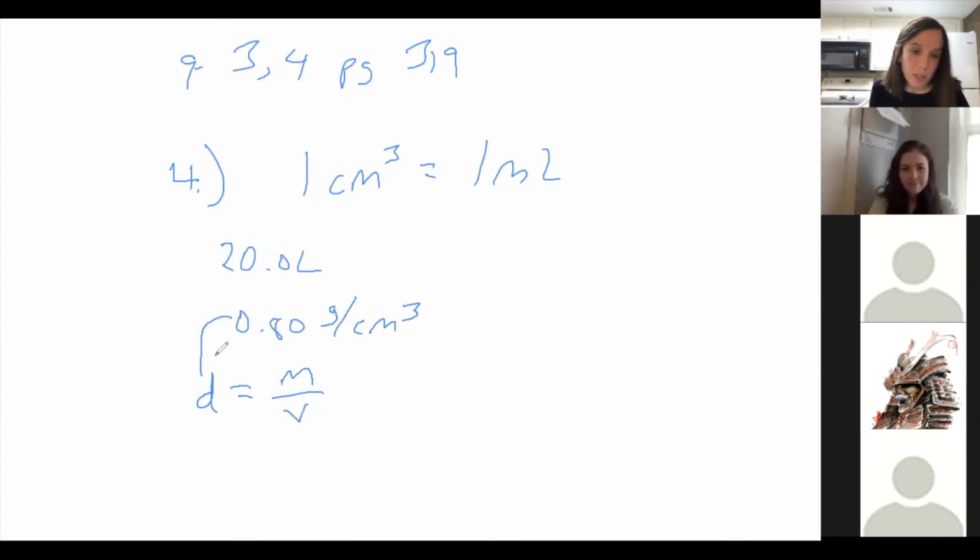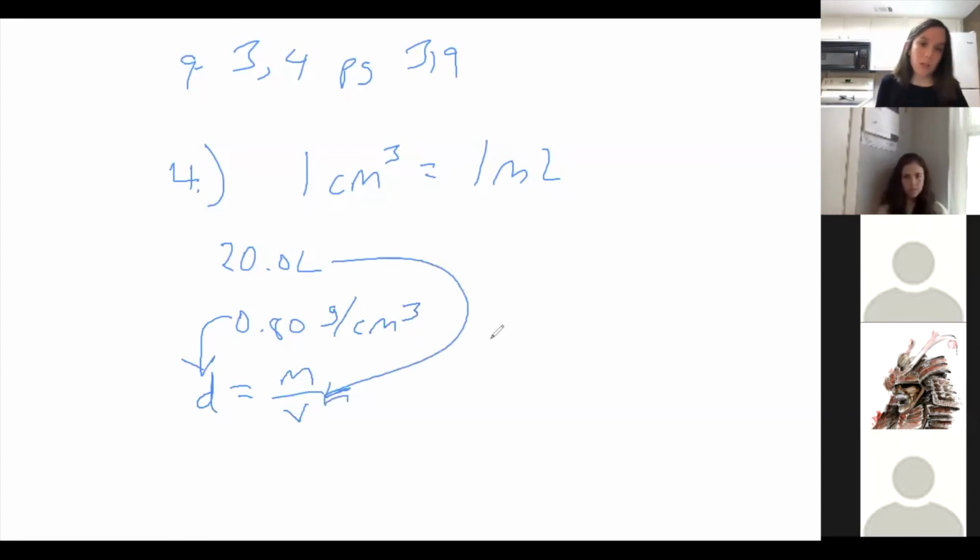We know the density is 0.8, that goes in for D. The volume would go down here. But we would also need to convert the units because this is in centimeters cubed, and we need to have them correspond, liters to centimeters cubed. So what you should do first is to convert 20 liters to cubic centimeters and then go from there.